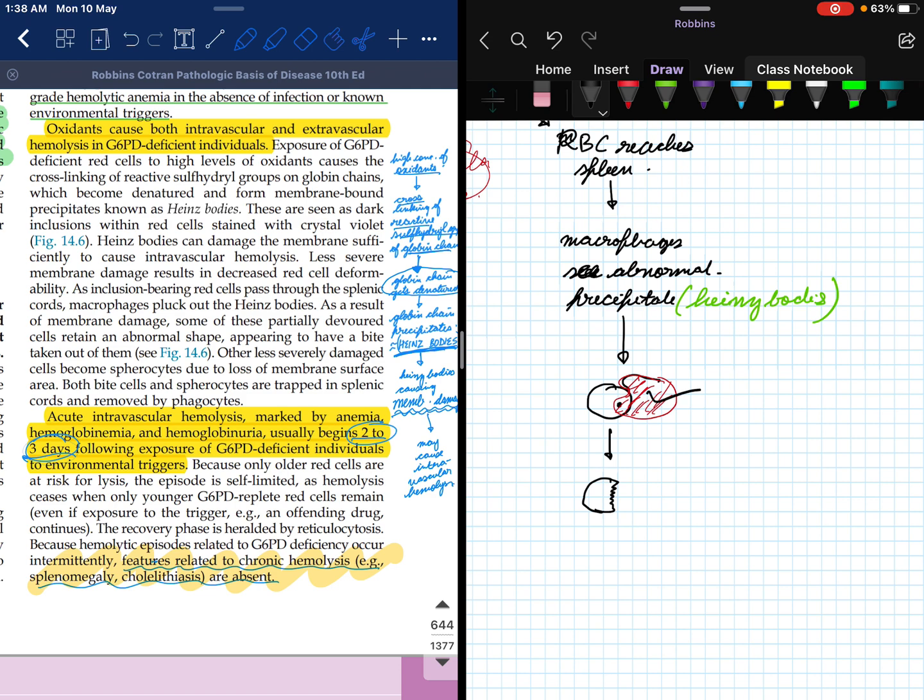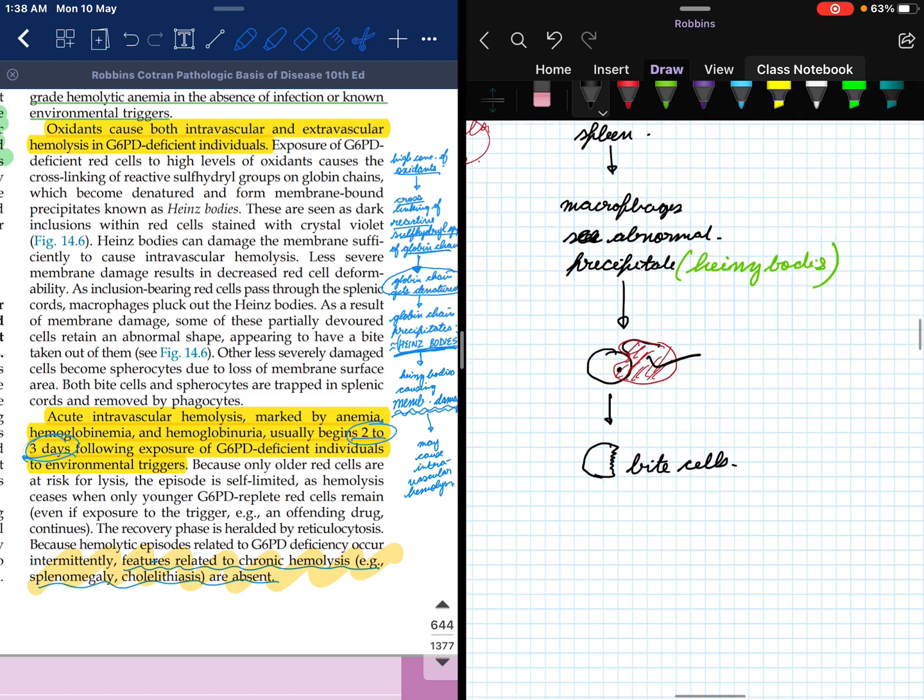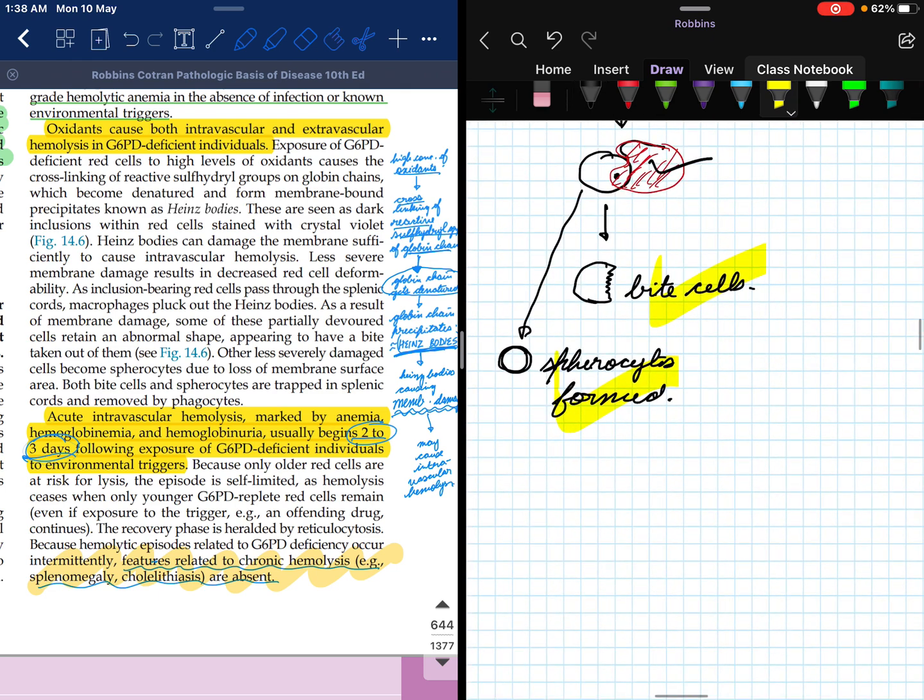Now these bite cells will pass. Maybe the membrane loss is not enough to cause a bite cell, only a small part of the membrane has been lost, but this would of course cause them to become spherical. We know that. Spherocytes formed. So these were the important things. Bite cells are abnormal.